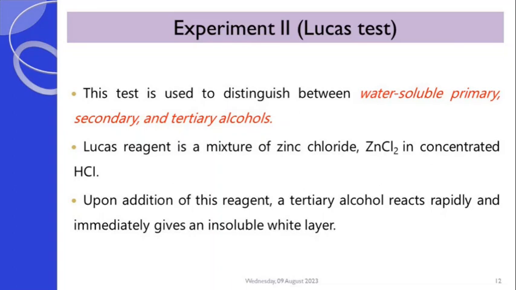The Lucas reagent comprises zinc chloride in concentrated HCl. It is expected that when you add this reagent to a sample that contains a tertiary alcohol, it should give you an insoluble white layer or precipitate.